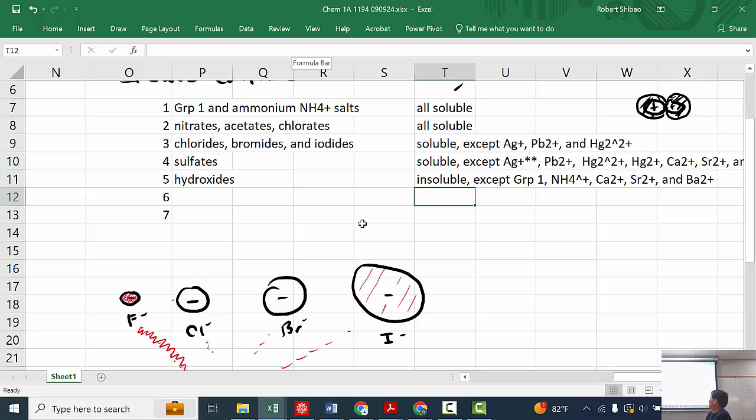So hydroxides are insoluble except for group 1, ammonium, calcium, strontium, barium, which are soluble hydroxides.